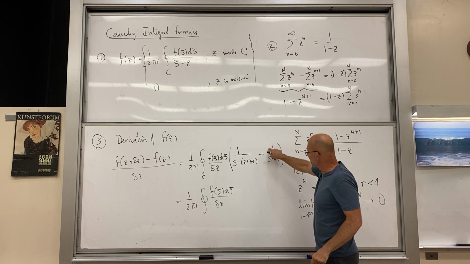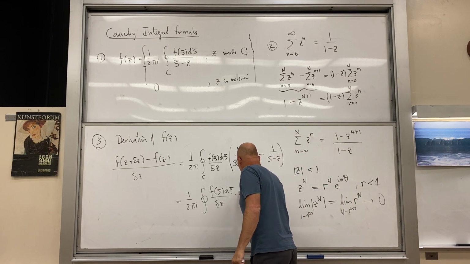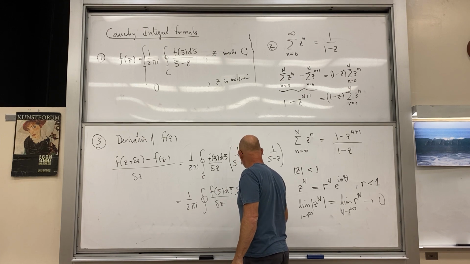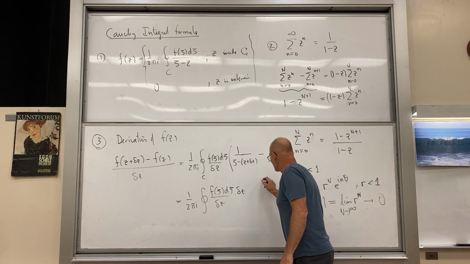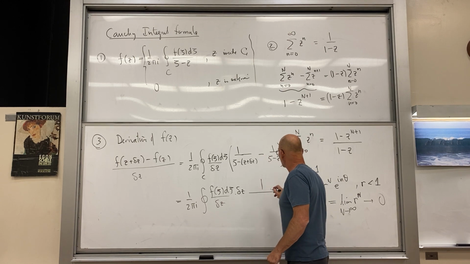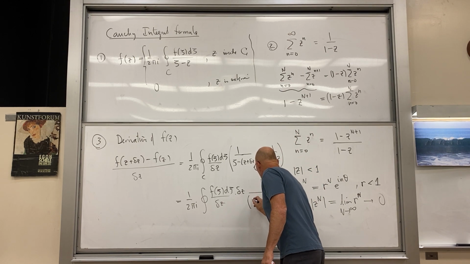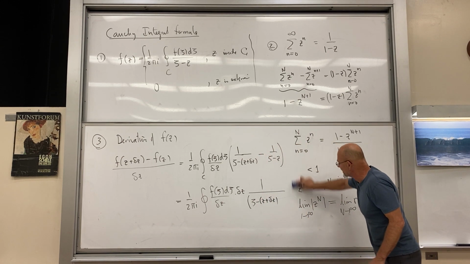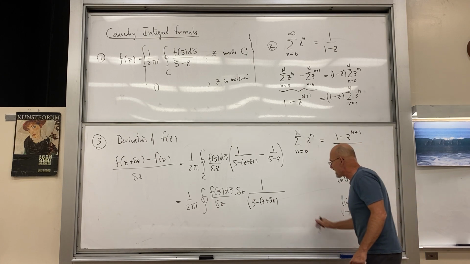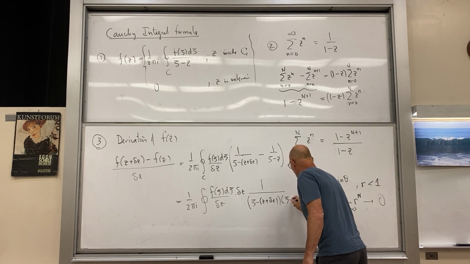So minus delta z, minus plus, we end up with a delta z. That's going to be the cancellation. And we take the limit, and we're left with, in the denominator, zeta minus z plus delta z times zeta minus z.